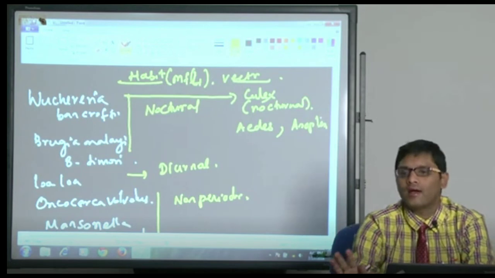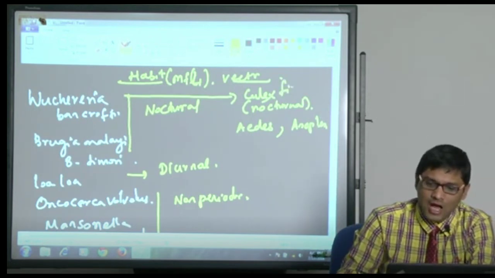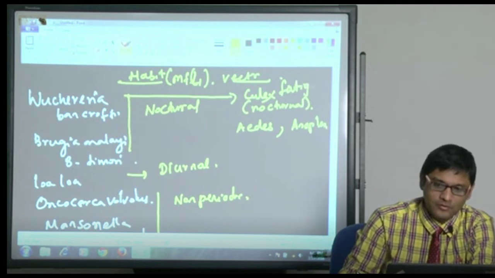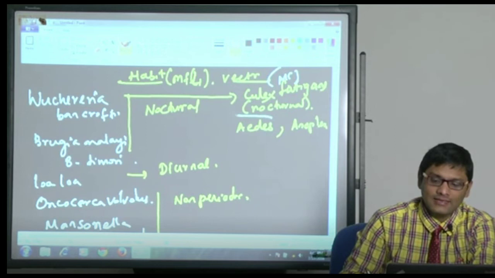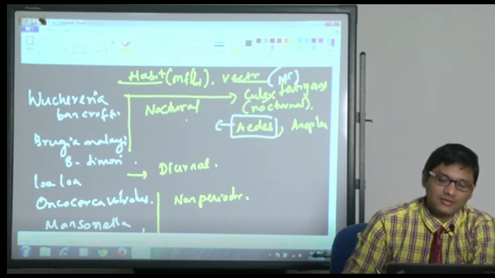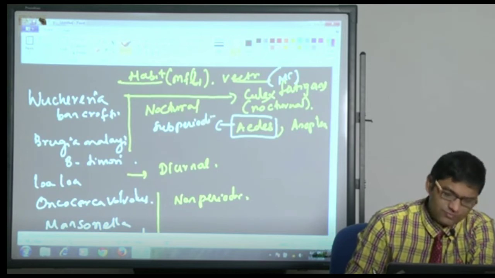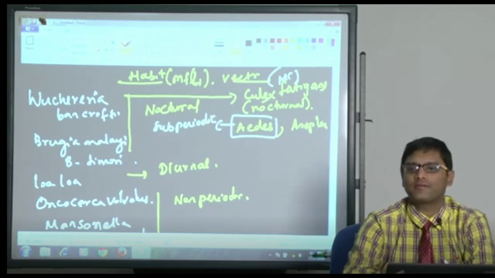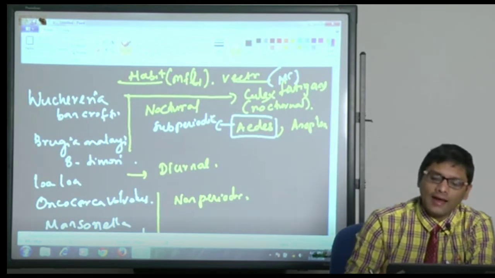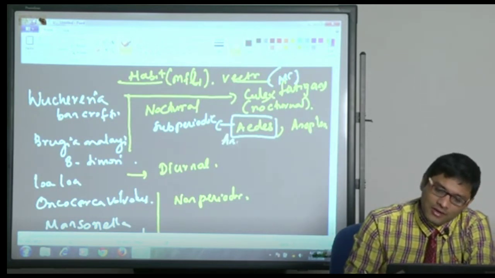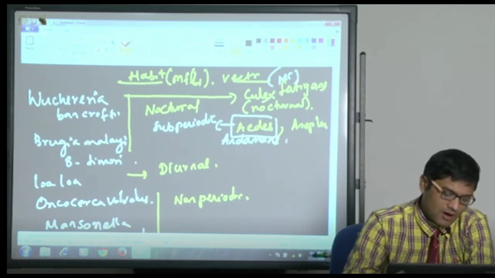All three can transmit it. Most common is of course Culex fatigans, but the Aedes infected strains are sub-periodic. Sub-periodic means they will come to the peripheral blood in the late evening, and Aedes infected strains are endemic in the Andamans.